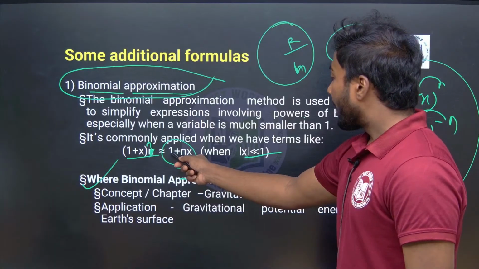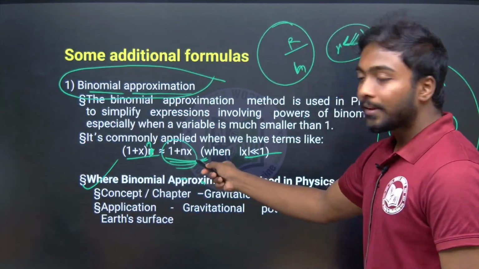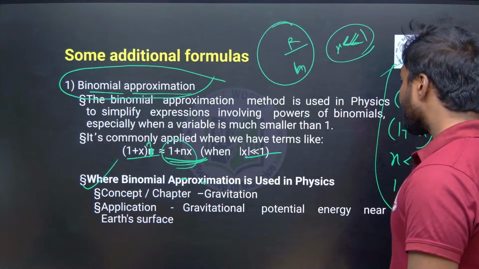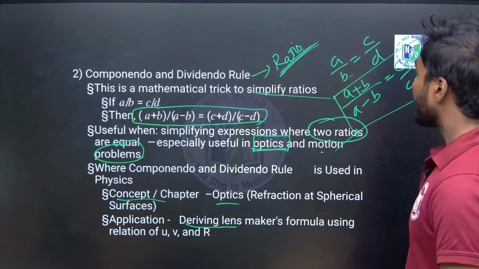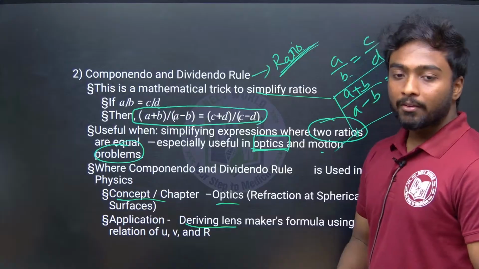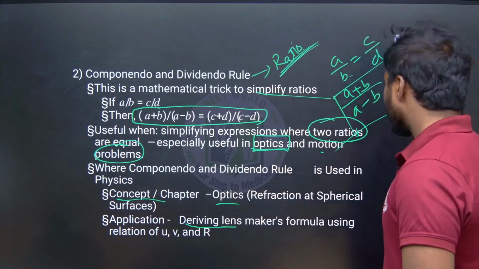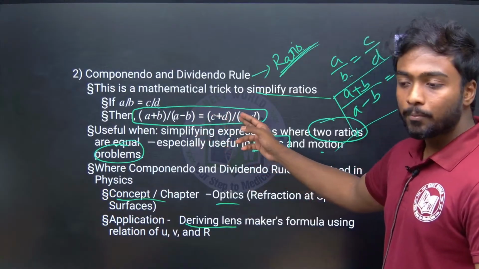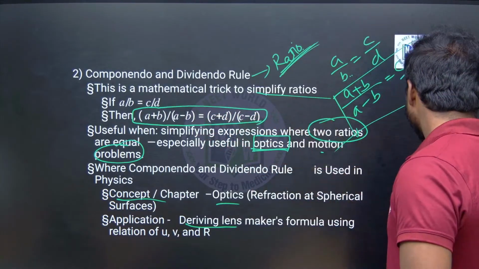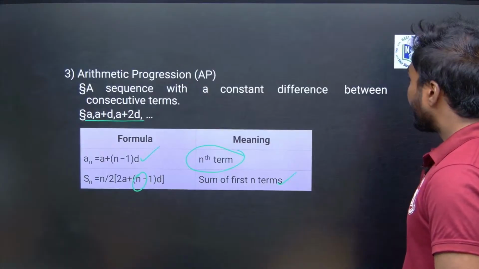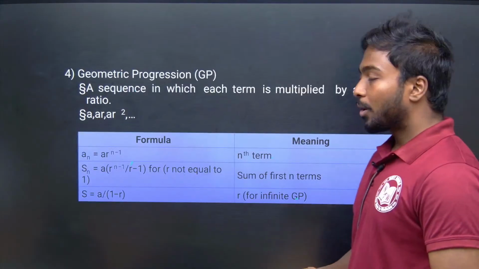Then I can write it as 1 plus nx. Second one is the componendo and dividendo rule, which we use when equal ratios are there. So a plus b by a minus b is equal to c plus d by c minus d. And then arithmetic progression and geometric progression.